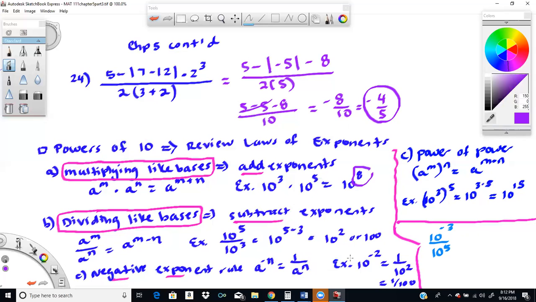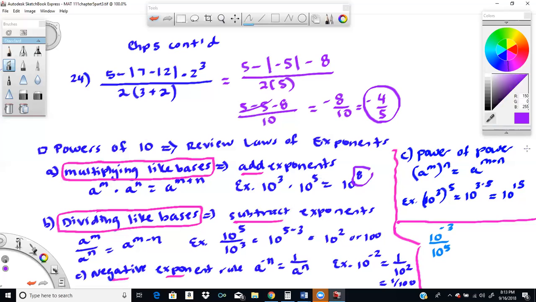But in general, they like for you to have positive exponents. But when you're dealing with the powers of 10, it's okay to have the negative exponent. So if you do have 10 to the negative 2, in general, that would be 1 over 10 to the second if they wanted a positive exponent, which is 1 over 100.